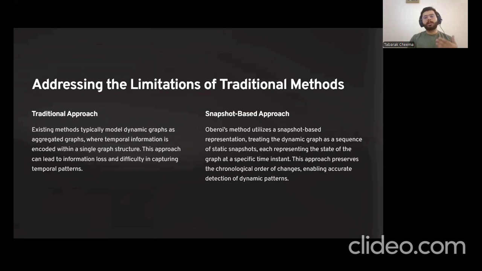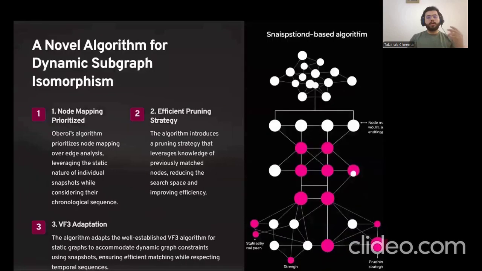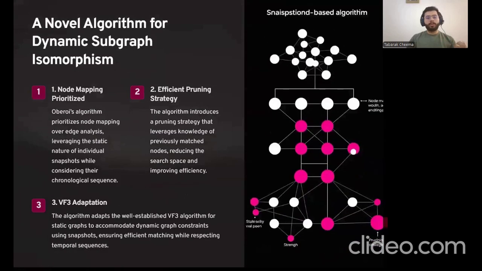Now, we need to understand how their approach was different from the previous works. Firstly, it used node mapping, which means they were prioritizing node mapping over the traditionally used edge analysis, leveraging the static nature of individual snapshots while considering their chronological order. Secondly, they were using an efficient pruning strategy.